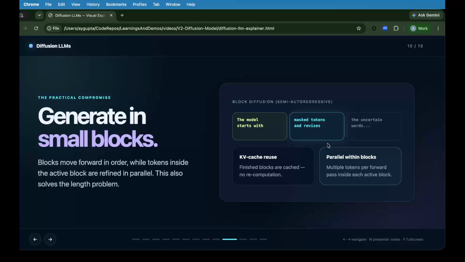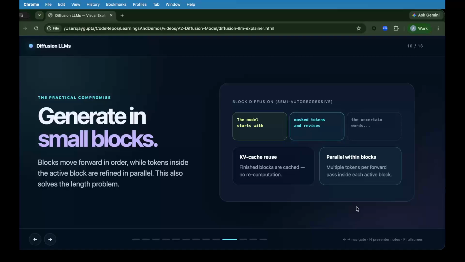The issue we were facing with diffusion models was that because of bidirectional attention we can't have a KV cache. Also there was the limitation of providing the length initially. To avoid that, we came up with the concept of blocks. We divide the sequence into multiple blocks.